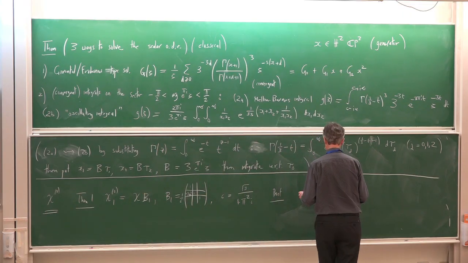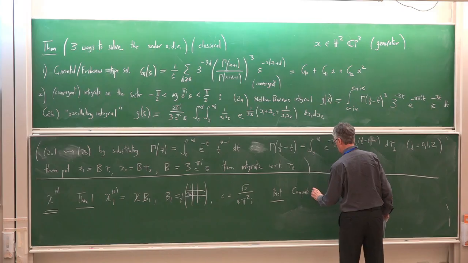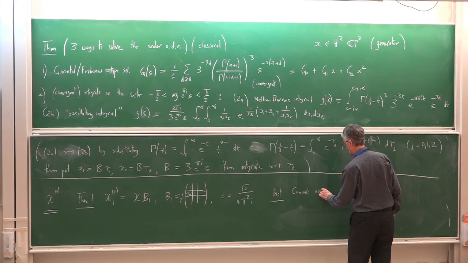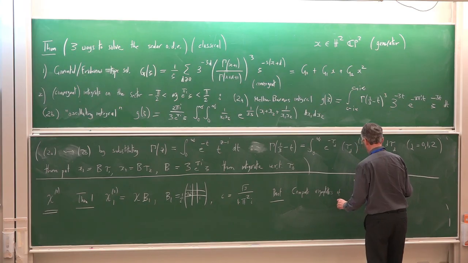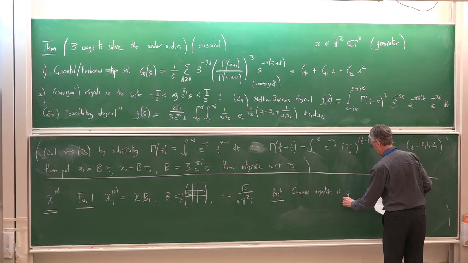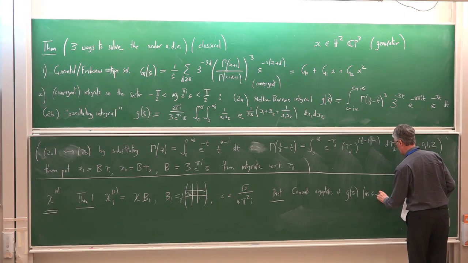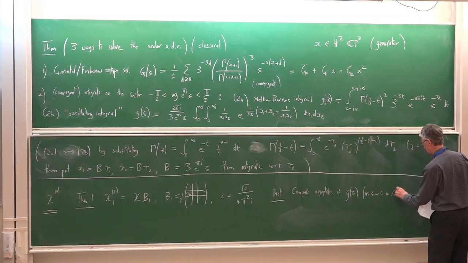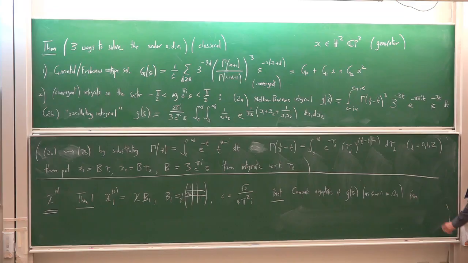And that we can do. So you can compute the asymptotics of G, first of all, as it goes to 0, in the Stokes sector, using the second one, 2b.